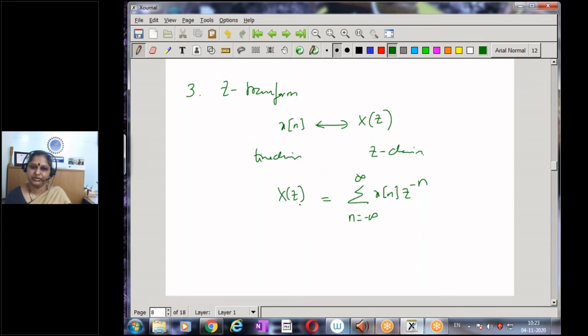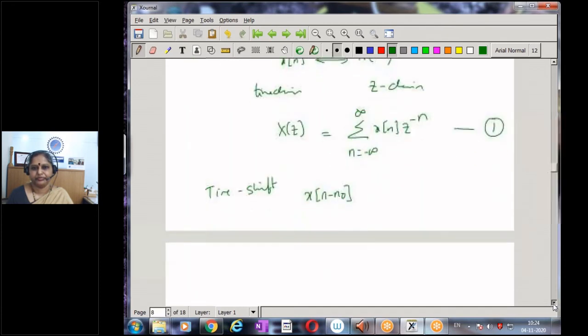So my Z transform of any sequence x of n is given by summation minus infinity to infinity x of n z to the power of minus n. Let me take one time shift property of the Z transform, because that is what I would require immediately. So let us try to compute the Z transform of x of n minus n naught.